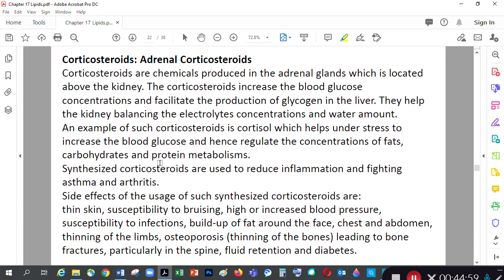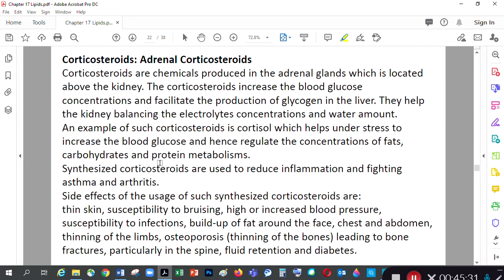Now, however, those are the naturally produced ones inside the body themselves. Sometimes if they are in low concentration, they have to be given to the patient, to the sick person, externally. So we use the synthesized steroid hormones. The synthesized steroid hormones are called corticosteroids.